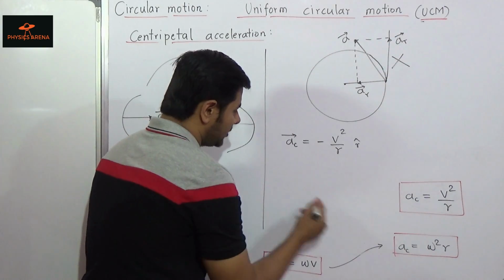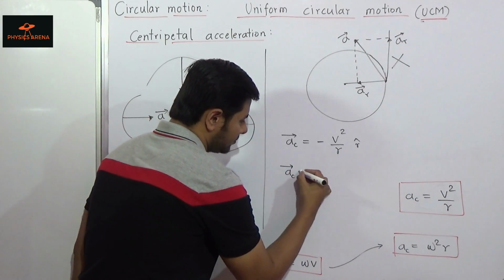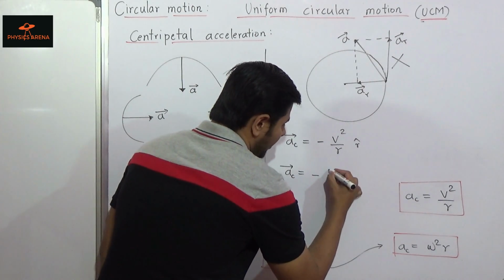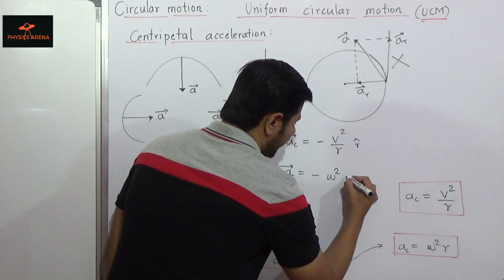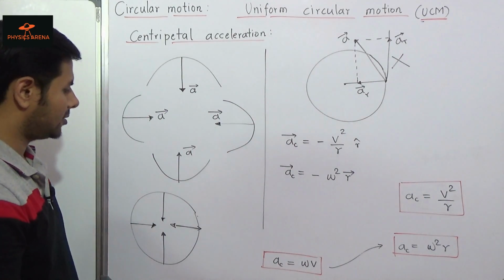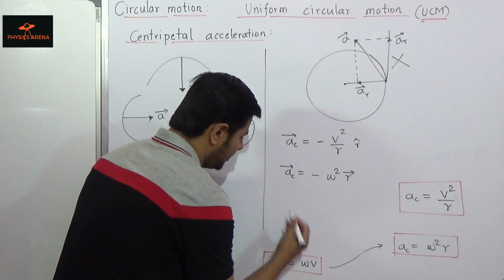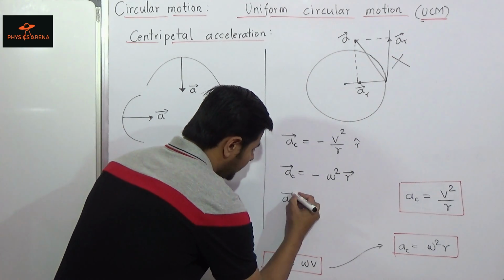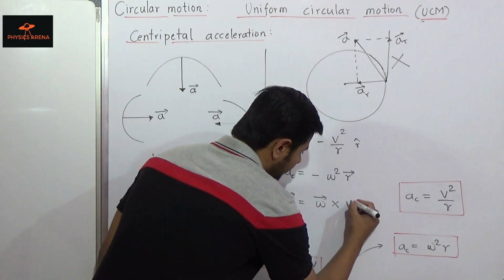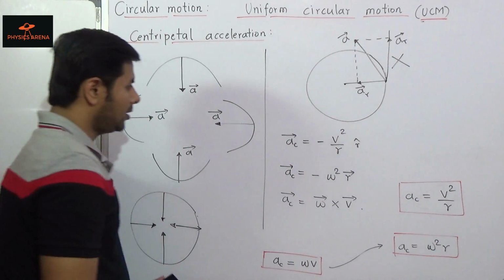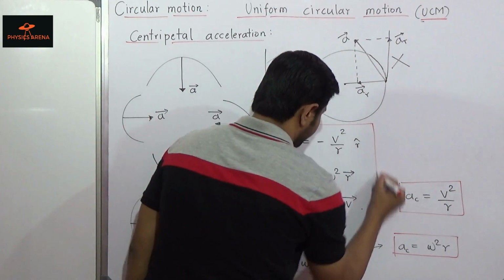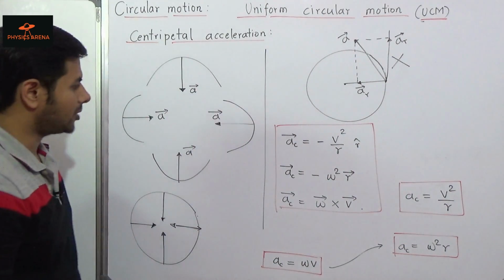Similarly this formula can be written as minus omega square into r bar. And this formula needs further explanation actually, but it is omega bar cross v bar. So these are the formulae for the centripetal acceleration in uniform circular motion.